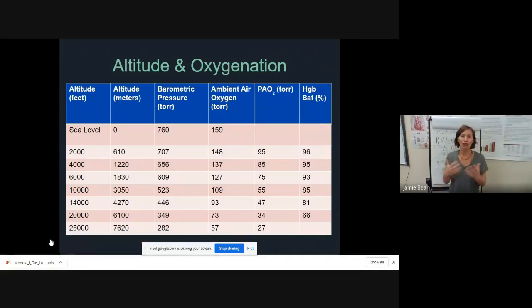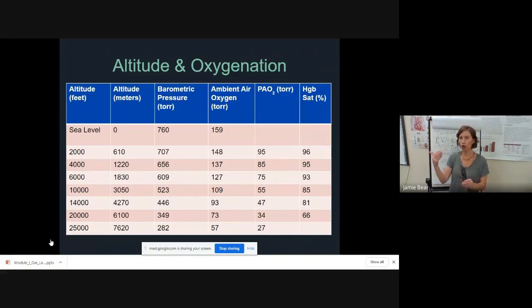Now here we are, learning respiratory therapy in Denver, so we have to talk about altitude and oxygenation. At sea level, we said the barometric pressure is approximately 760 torr, or millimeters of mercury, same thing. So 21% of that is the percentage of oxygen in the air. Once again, we take our calculators and say 760 times 0.21, because we're multiplying by a percentage.